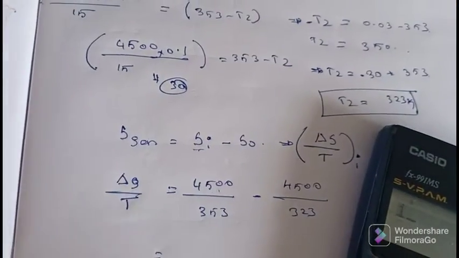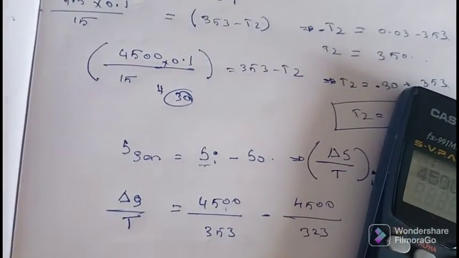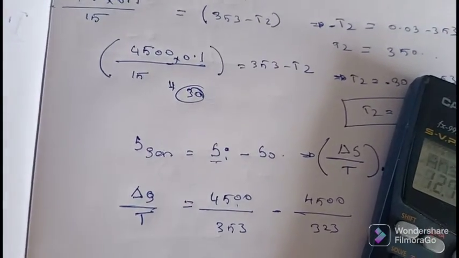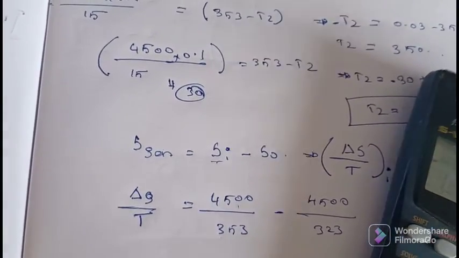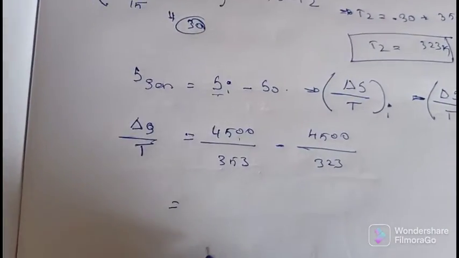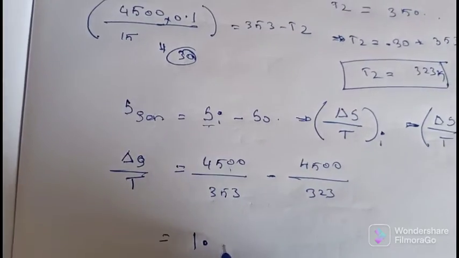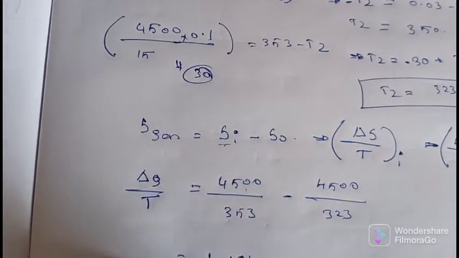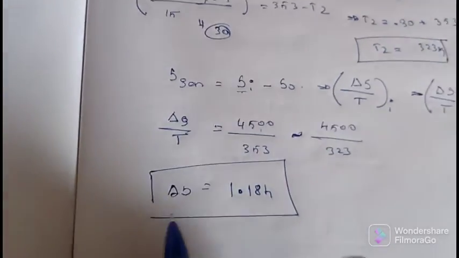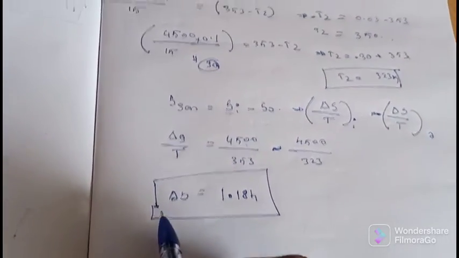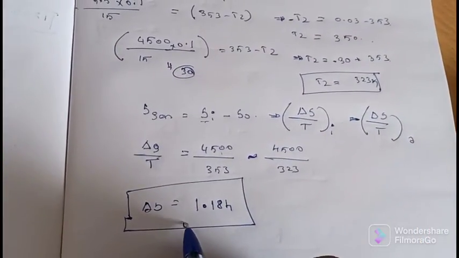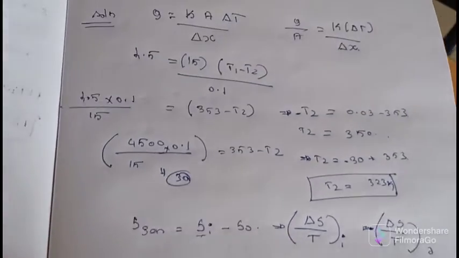On simplifying this, 4500 divided by 323 minus 4500 divided by 353, we get the answer of 1.184. So the value of delta S, the difference between them, is 1.184. So the entropy generation of this given diagram is 1.184 watt per meter square Kelvin. Okay, thank you.